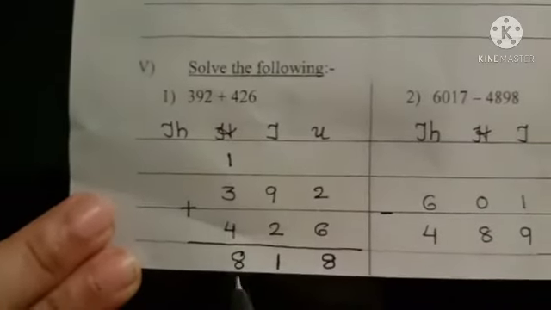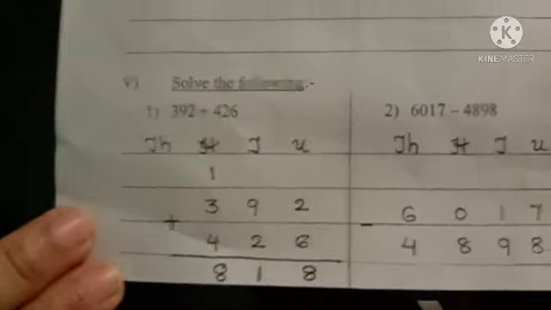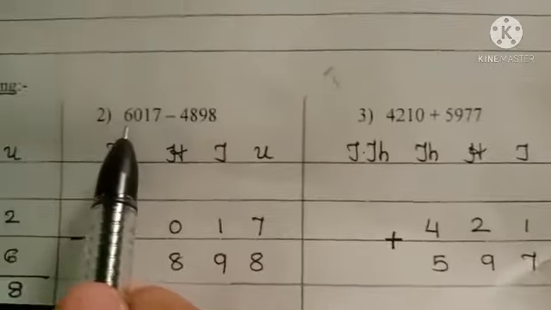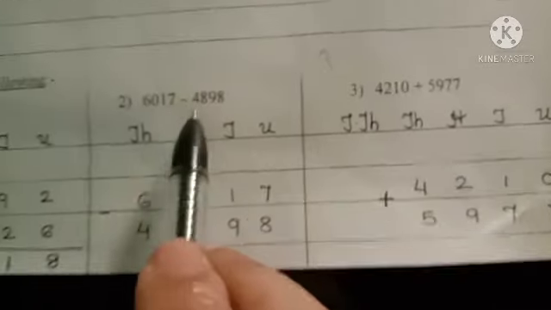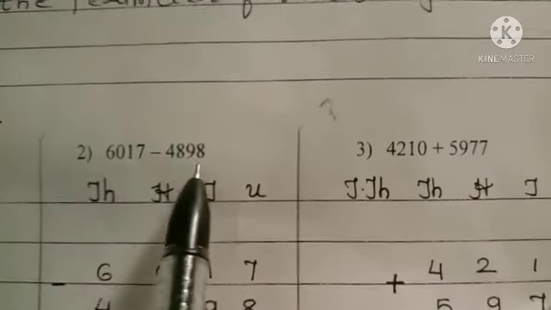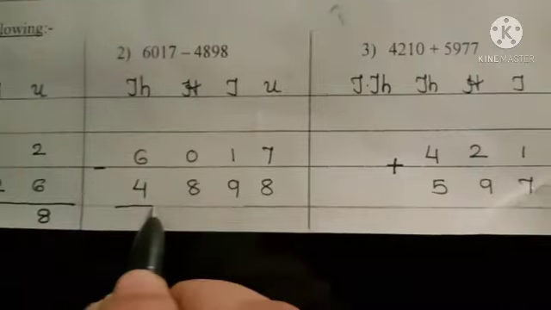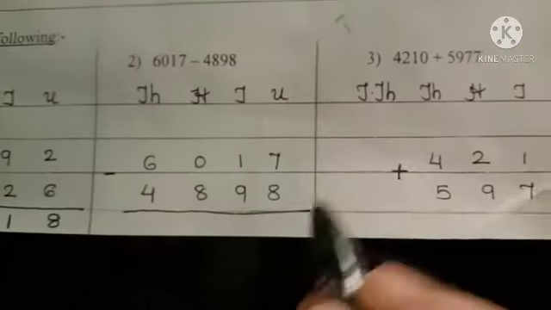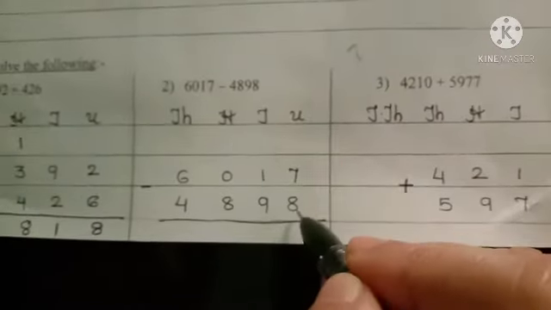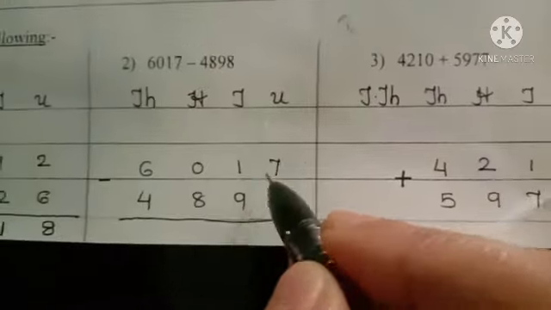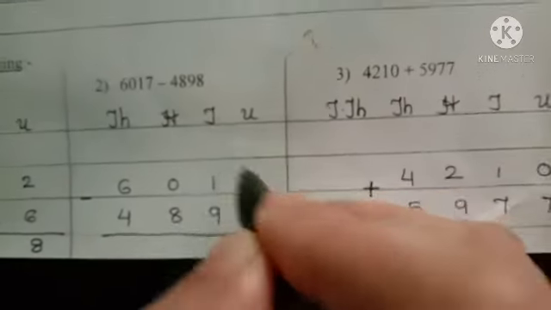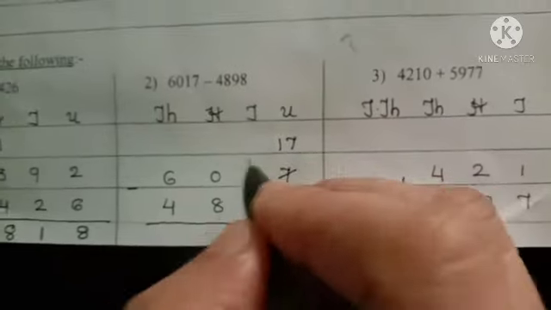So the answer is 818. The second question is given 6017 minus 4898. Again arranging this vertically and we will subtract from units place. So see, we can't subtract 8 from 7. So we will take 1 from tens place.